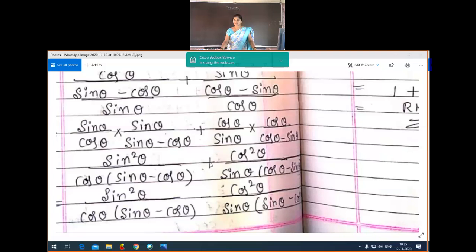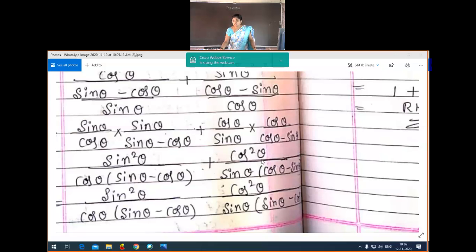So then what happens here? Plus is there now. Here it comes minus. Then here sin theta into cos theta minus sin theta becomes sin theta minus cos theta. We took the minus factor outside. Is that clear, students? What is the difference in these two steps? You have got the idea now. This is same actually for the next step also.